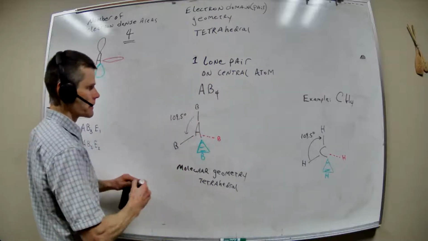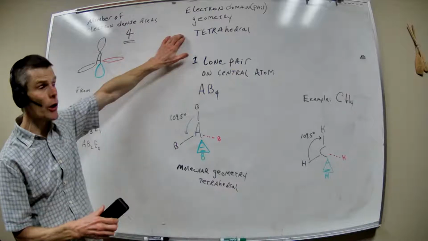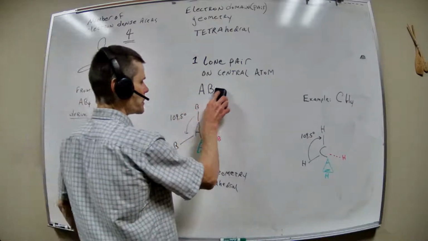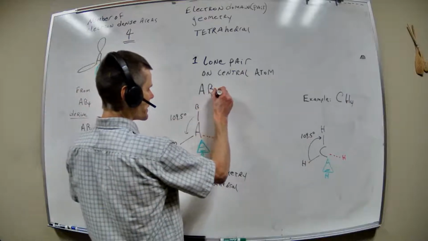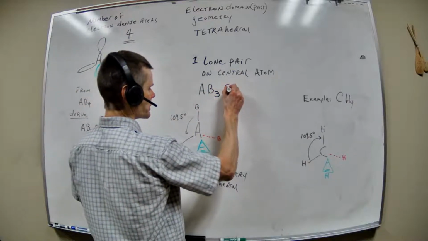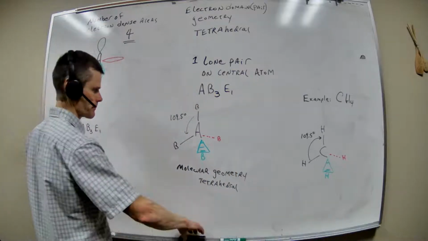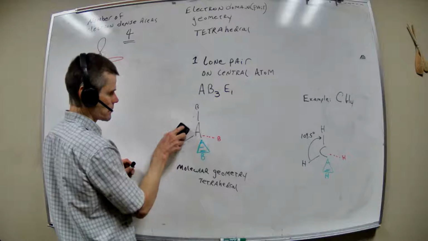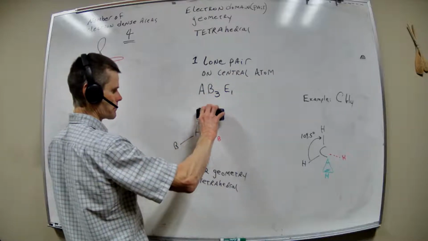And again, it's derived from the tetrahedral electron domain geometry because there are 4 regions of electron density about our central atom. However, one of them is a lone pair of electrons. And for simplistic reasons, let's put the lone pair on top.